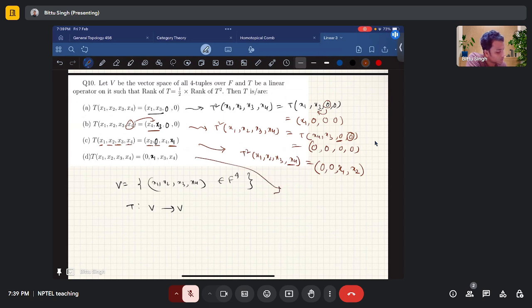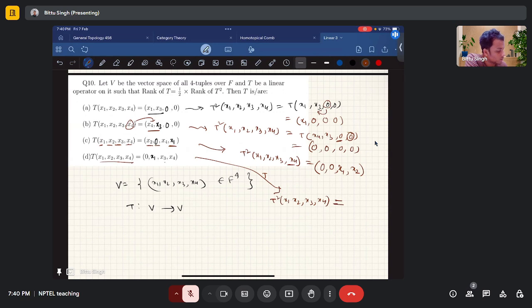Similarly, for this, if we again apply T on both sides, then the left side becomes T square of (x1, x2, x3, x4). On the right hand side, T is shifting these coordinates. So it is putting 0 in the first coordinate and shifting everything else.